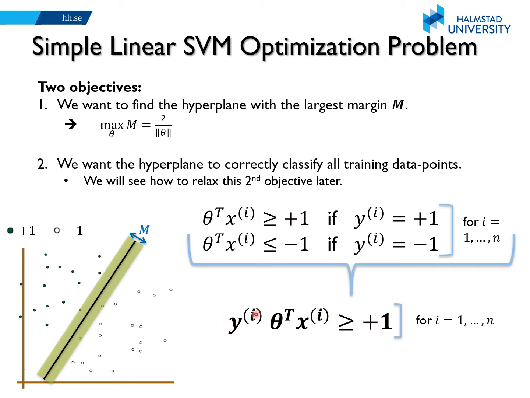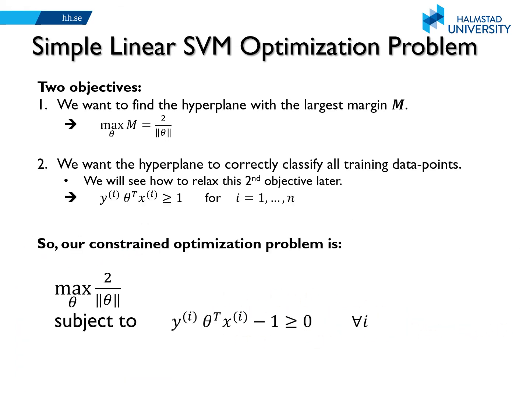And if the label is -1, then we get theta transpose xi less than or equal to -1. So we have n such constraints, one for each training data point. So our optimization problem based on these two objectives is expressed here.